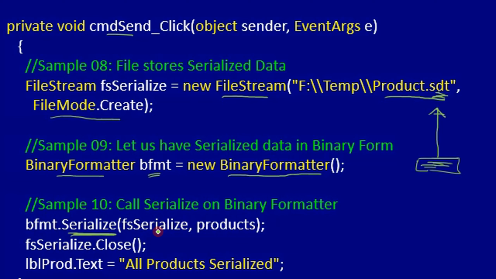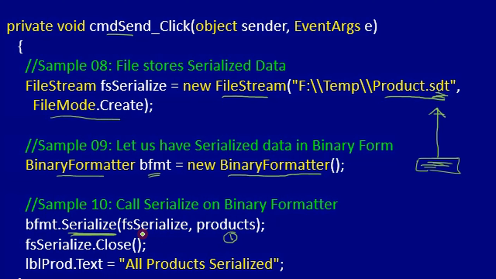Here we are linking what needs to be serialized, which comes as the second parameter. We want to serialize products. Products is nothing but the ArrayList of product, and we collected each and every product during the add button click.